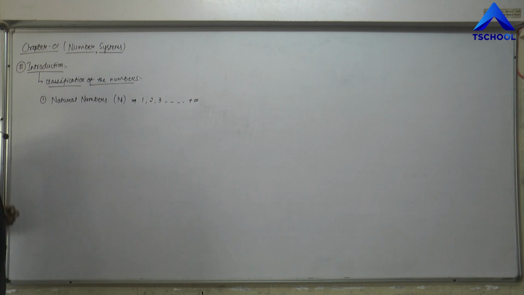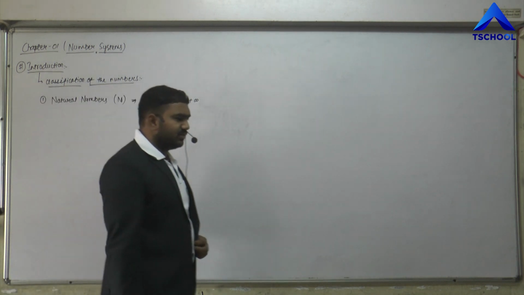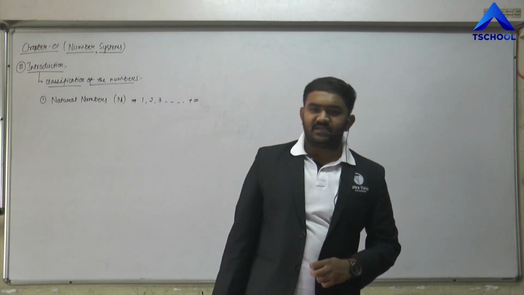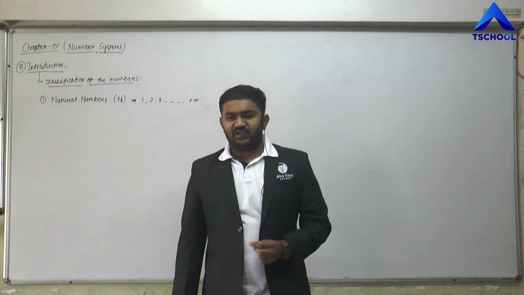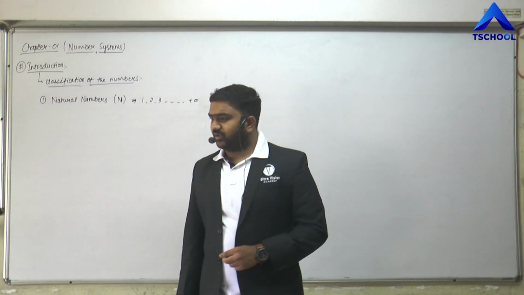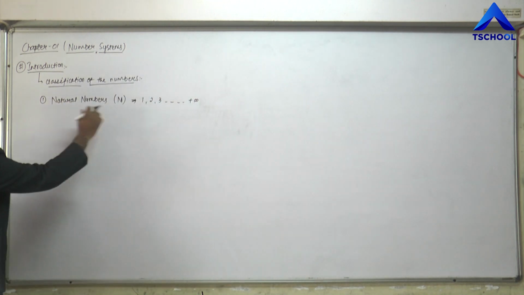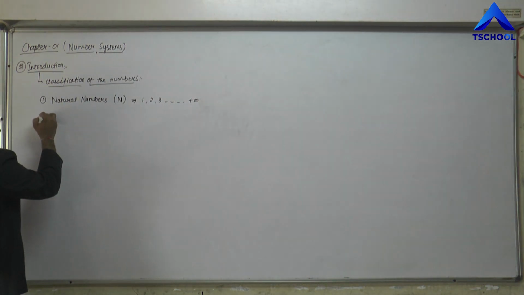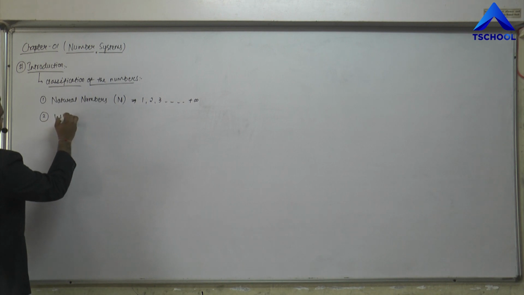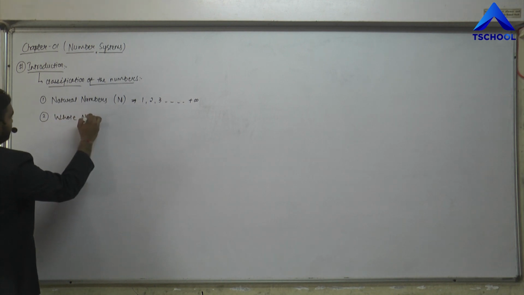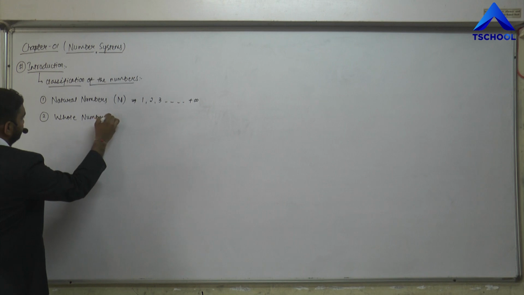Now you can see here that in the group of natural numbers there is no negative number present, there is no negative integer present, and 0 is also not present, right? So these are the natural numbers. Then we have the whole numbers, right?